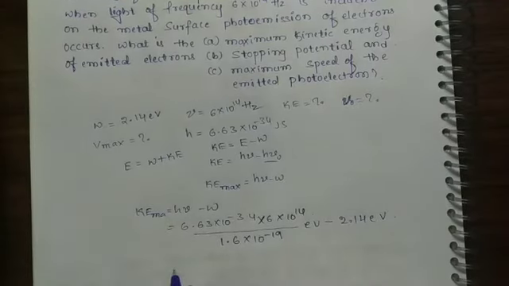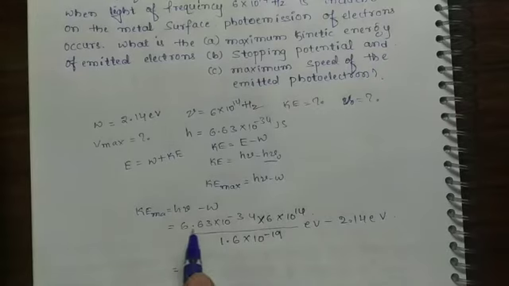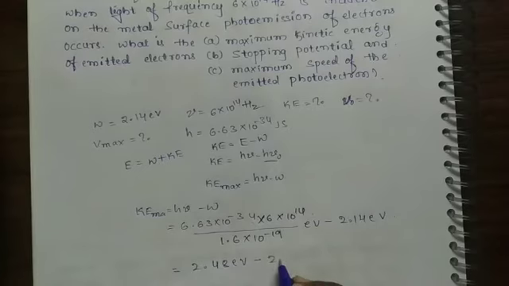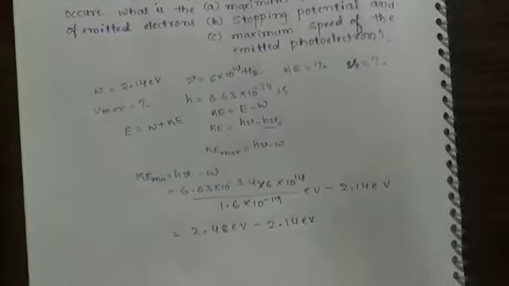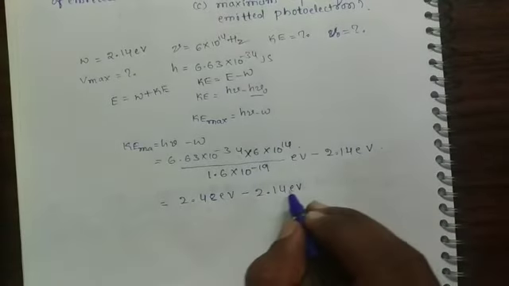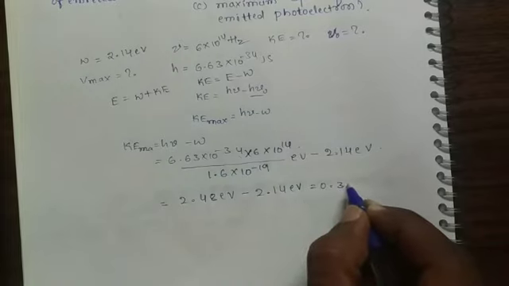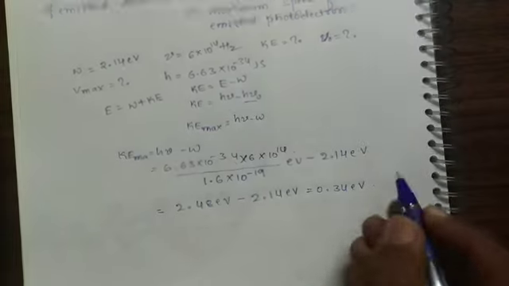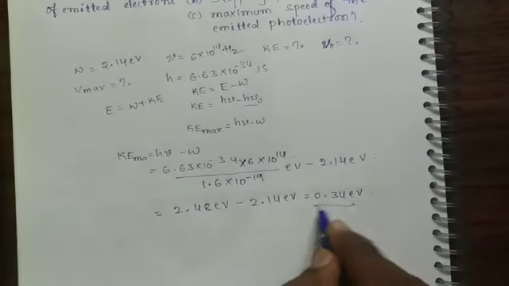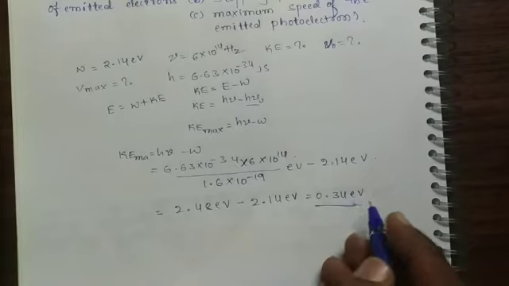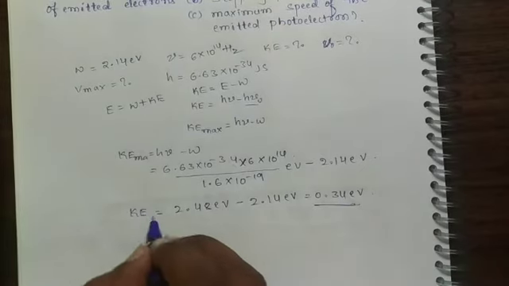After simplification we get 2.48 electron volt minus 2.14 electron volt, which means 0.34 electron volt. So this 0.34 electron volt we consider as the kinetic energy.